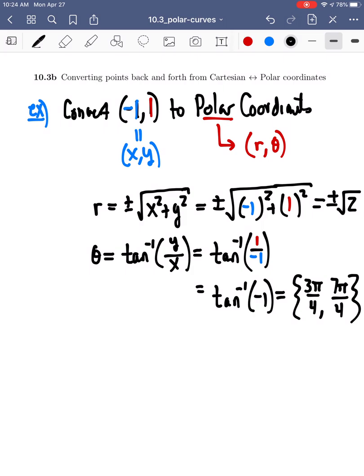So, at this junction, going from Cartesian to polar, it's a little more ambiguous right now, because we do have this plus or minus root 2, and we do have two different angles. So what are the actual polar coordinates of this point? Well, before we do anything else, let's just go ahead and make a sketch.